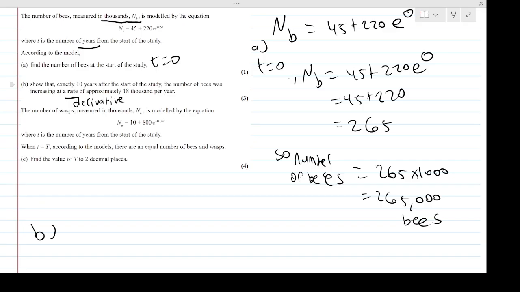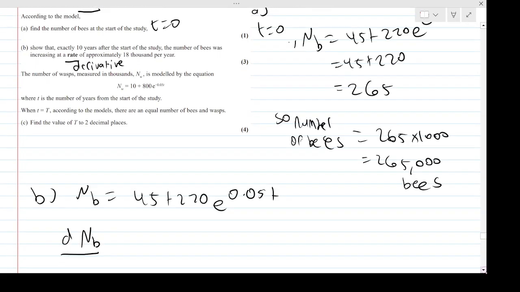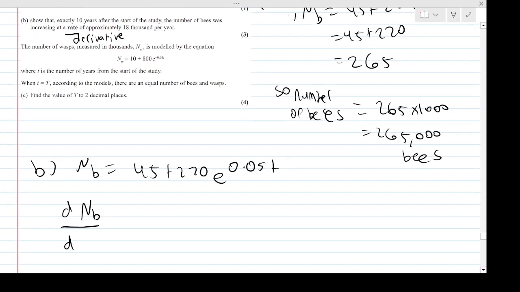So we need to compute the derivative of NB, which is 45 add 220 e to the 0.05t. Now we do know how to differentiate exponentials. We did that at the start of the chapter, right? So the derivative of NB with respect to t, if we differentiate, to get the rate, so this is rate, right? Then 45, firstly, that's a number that goes to 0.